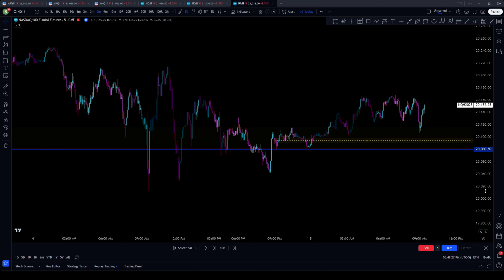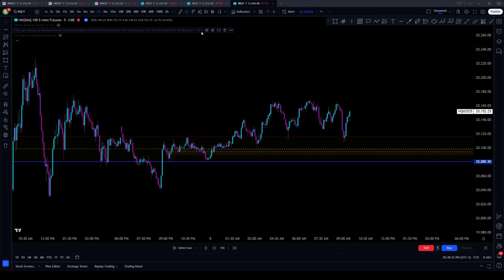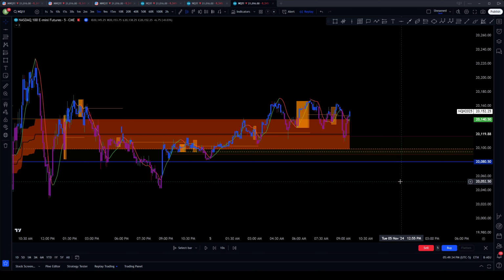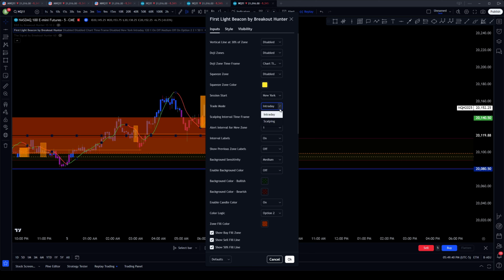So what do I want to do to confluence that? Well, first of all, we're going to use our tools, right? I'm going to use the New York session setting. I'm going to get the rolling support and resistance on New York session intraday, right?